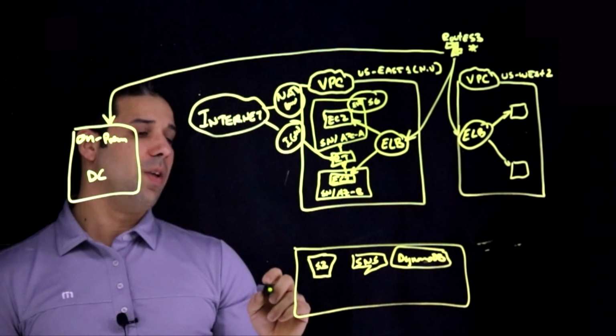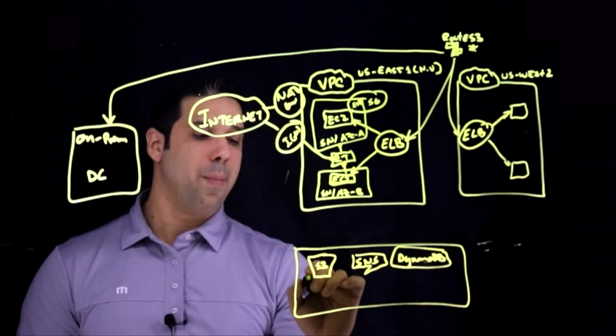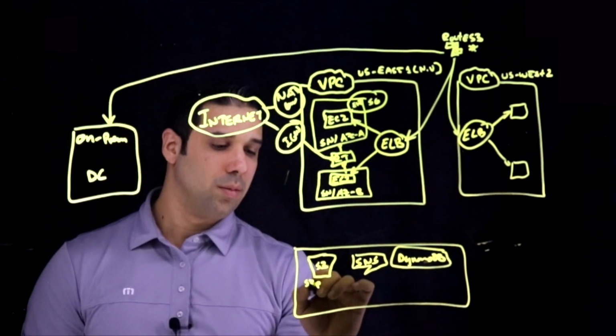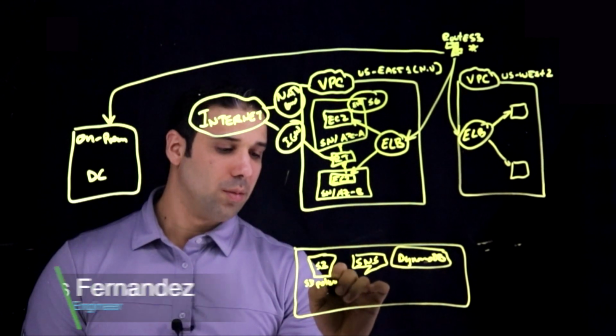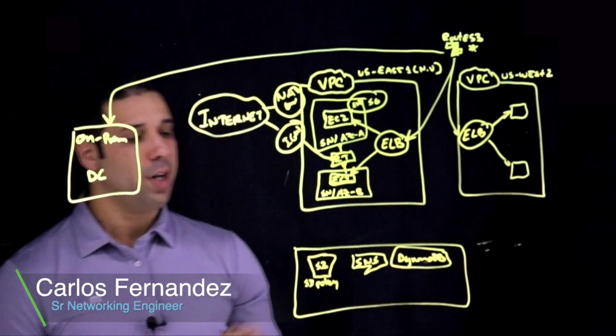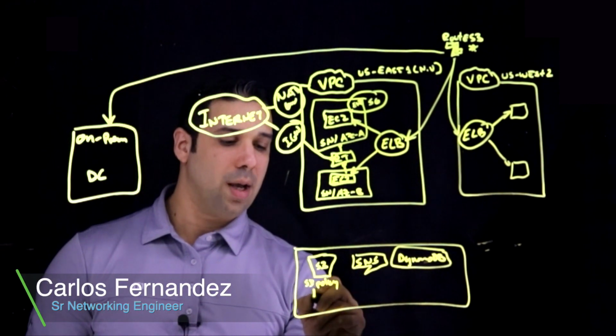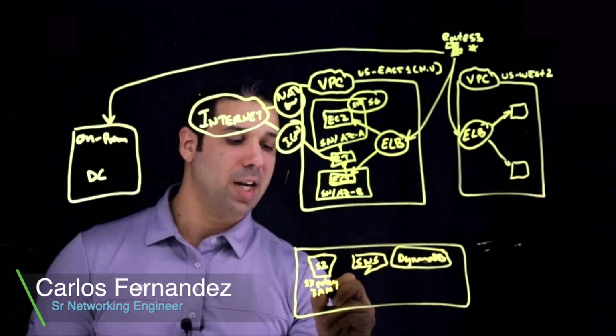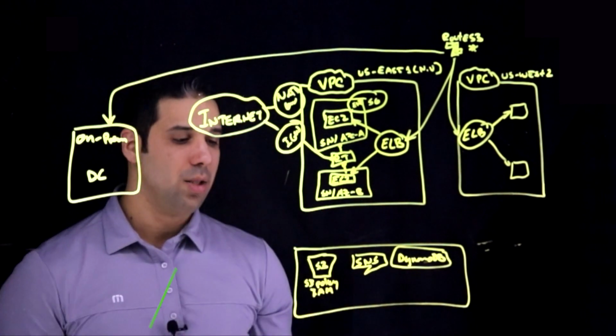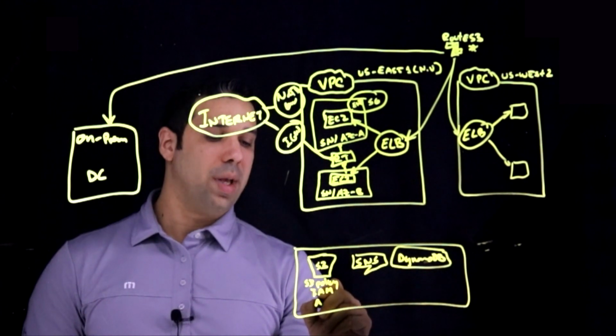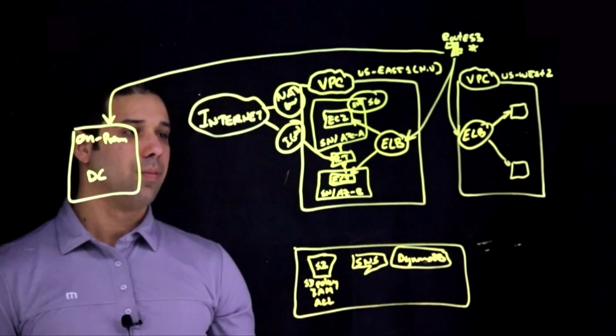We have the ability to define S3 policies for writing and reading permissions, or we can also leverage identity access management to see who will access my buckets, or we can create access control lists.